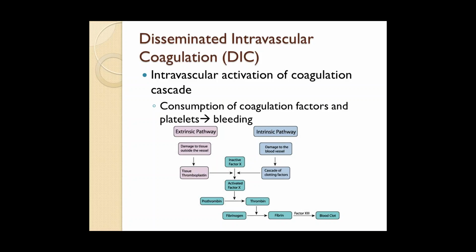The intrinsic pathway is triggered with damage to the subendothelial tissues, or in other words, damage to the inside of the blood vessel. When both of these pathways are activated, they comprise a common pathway, which results in activation of the coagulation cascade and clot formation, as evidenced in this diagram here.